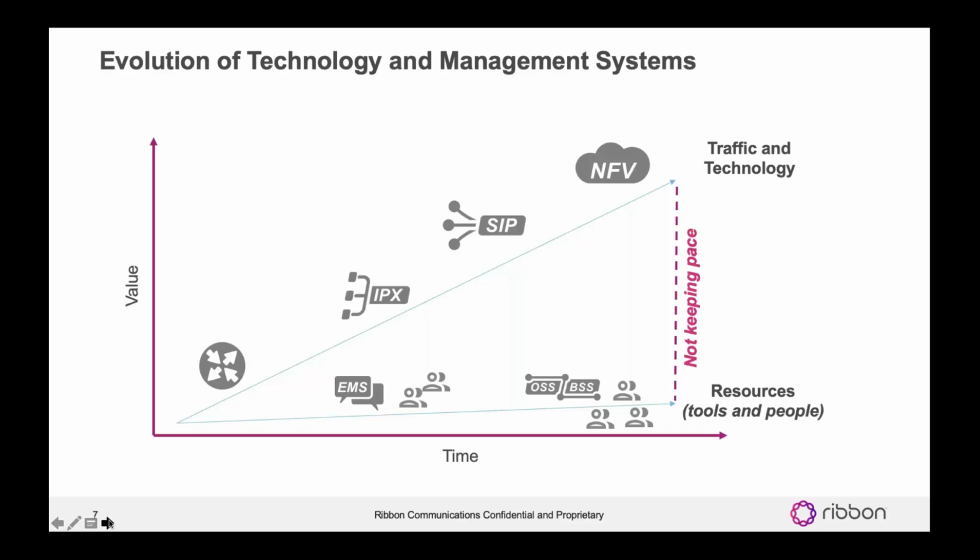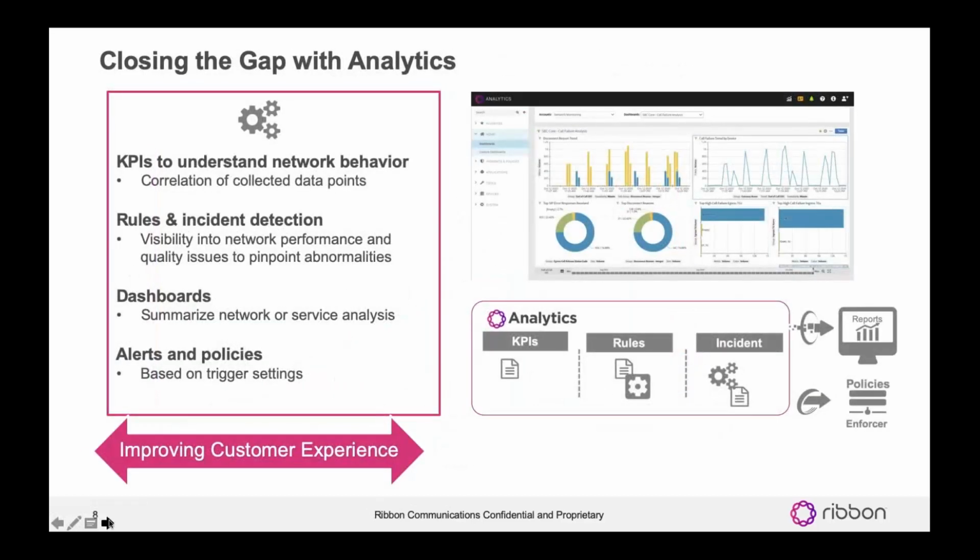The tools and the people don't keep pace with everything that you're providing for your network and your end customers. So this is really where we're trying to close the gap with analytics, and this is where I truly believe we have an opportunity. You have an opportunity to really understand more and more what's happening in your network.